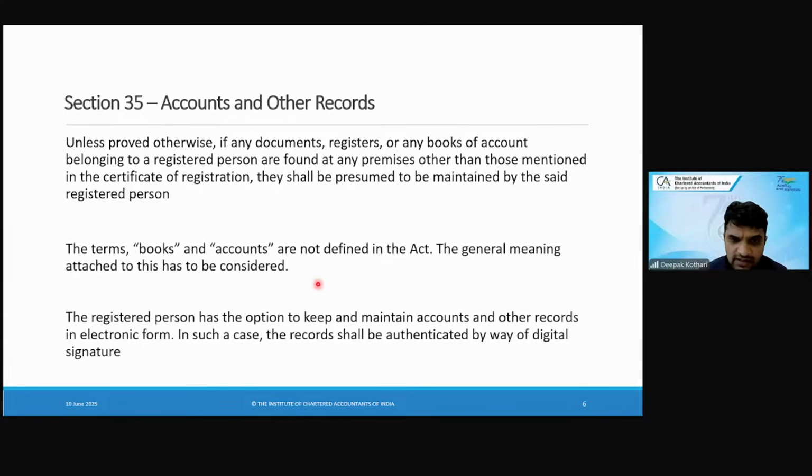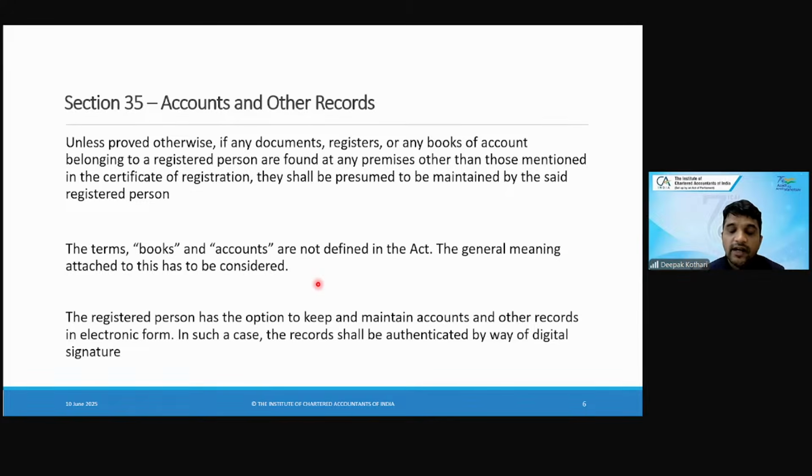The registered person now has an option to keep and maintain accounts and other records in electronic form, which means there is no compulsion that you have to maintain Tally or any other software. It's optional. If you can maintain the accounts in a manual format, you can do it. But if you need a fully computerized format, that is also fine.